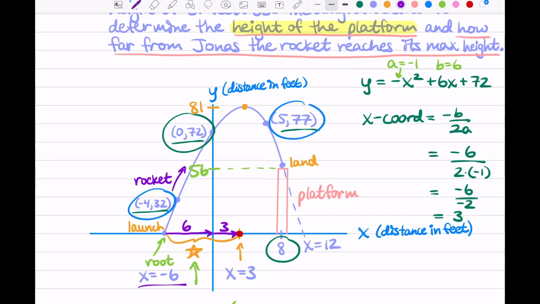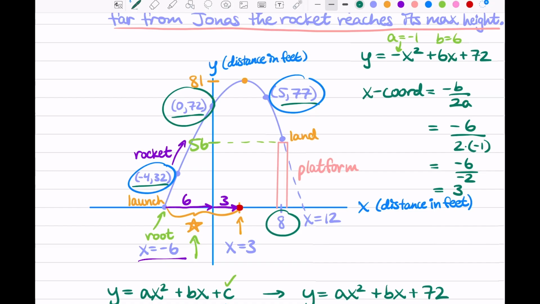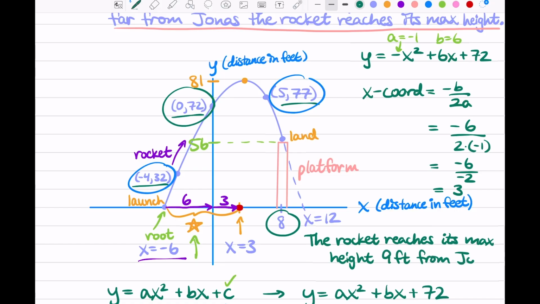So overall, Jonas is 9 steps away. So we can say the rocket reaches its max height 9 feet from Jonas.